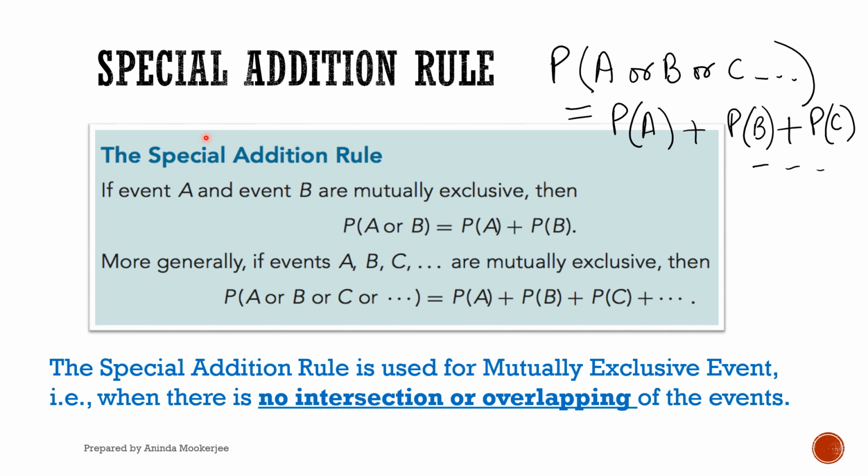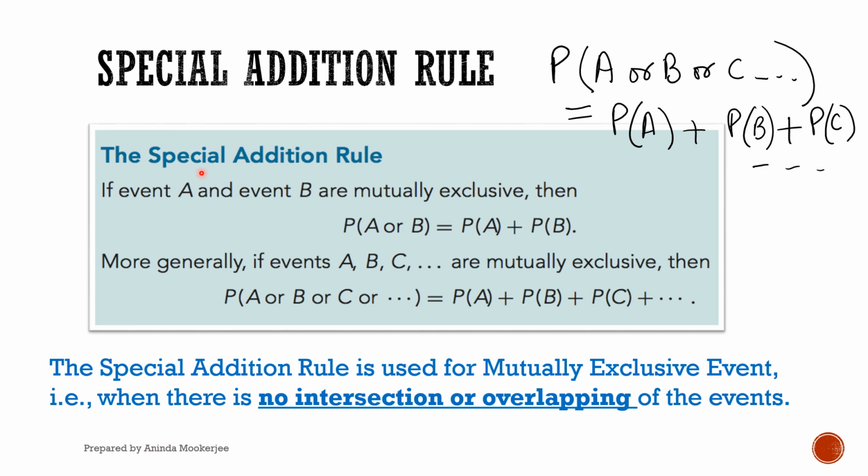Now, one thing that we must remember is the special addition rule only works for mutually exclusive events. That means either A happens or B happens, but there's no intersection between the two. There's no commonality between the events. So it will only work for mutually exclusive events. It says here the special addition rule is used for mutually exclusive events, that is when there is no intersection or overlapping of the events.